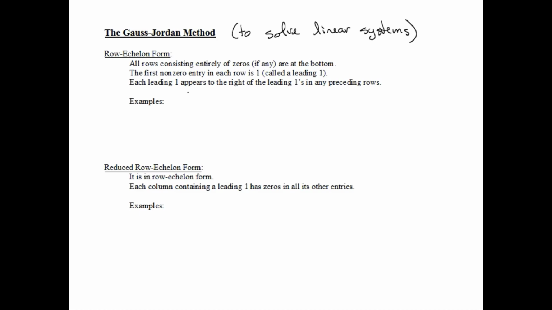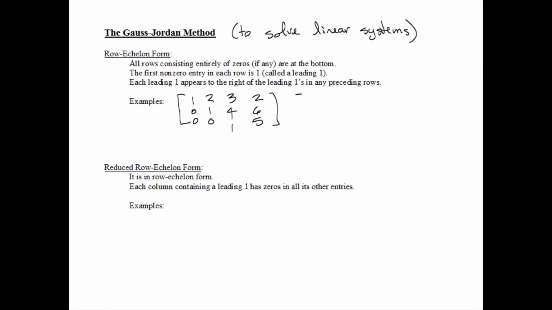So here's some examples. Okay, that's in row echelon form. Notice the leading ones marching downward in a stair-step manner.